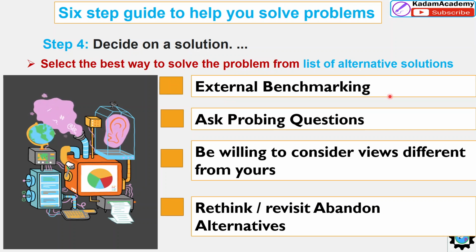External benchmarking. Benchmarking means comparing with others, or with a similar problem you have solved before. Ask probing questions, that is also important. Be willing to consider views different from yours. Rethink and revisit abandoned alternatives which you did not consider, before finalizing the solution.